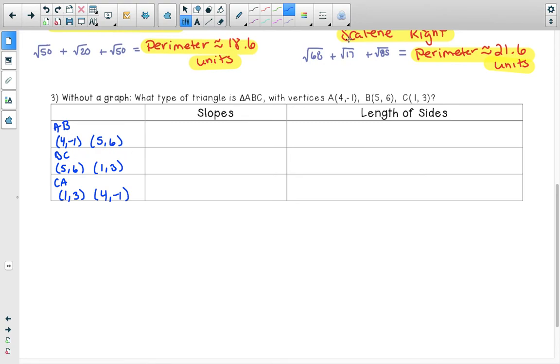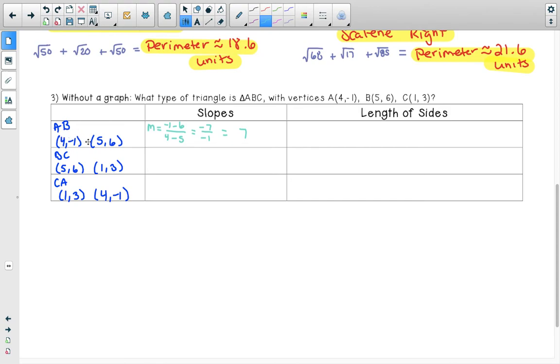So our slopes. Again, I'm going to use my purple, blue, and green. So for AB, slope is equal to change in y over change in x. So we'd have negative 1 minus 6, divided by 4 minus 5. That's going to equal negative 7 divided by negative 1, which is equal to a positive 7. Then we'll do our length of sides. I can use the distance formula, or I can still find the change in y and the change in x.